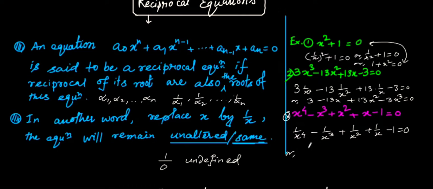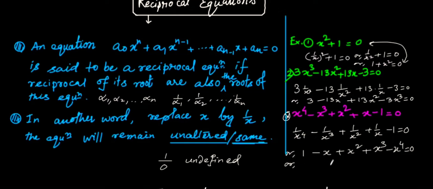Multiply by x to the power 4, we will get 1 minus x plus x square plus x cube minus x to the power 4 equals 0.